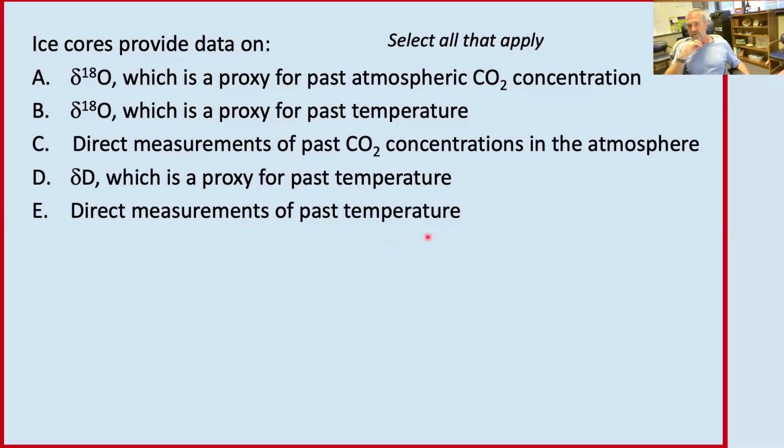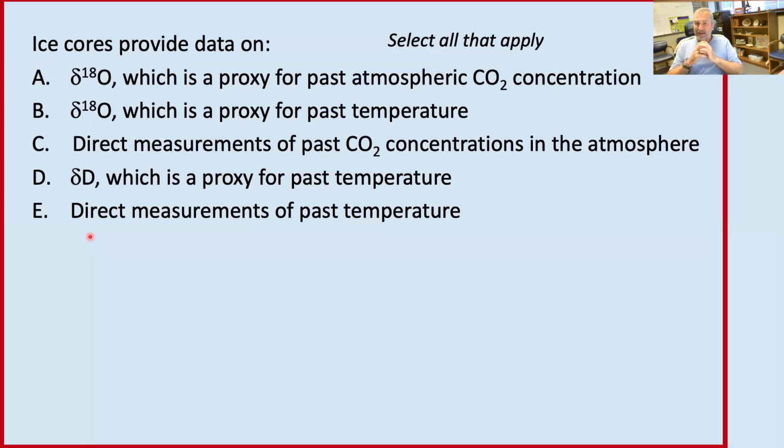We weren't around during those times to take direct measures with thermometers or any other devices. All right. So you can rule E out. So let's look at these other ones. Well, B, clearly, oxygen we know is a proxy for past temperature. C, we can measure directly the concentrations of CO2, recall, from the gas bubbles trapped in those ice cores.